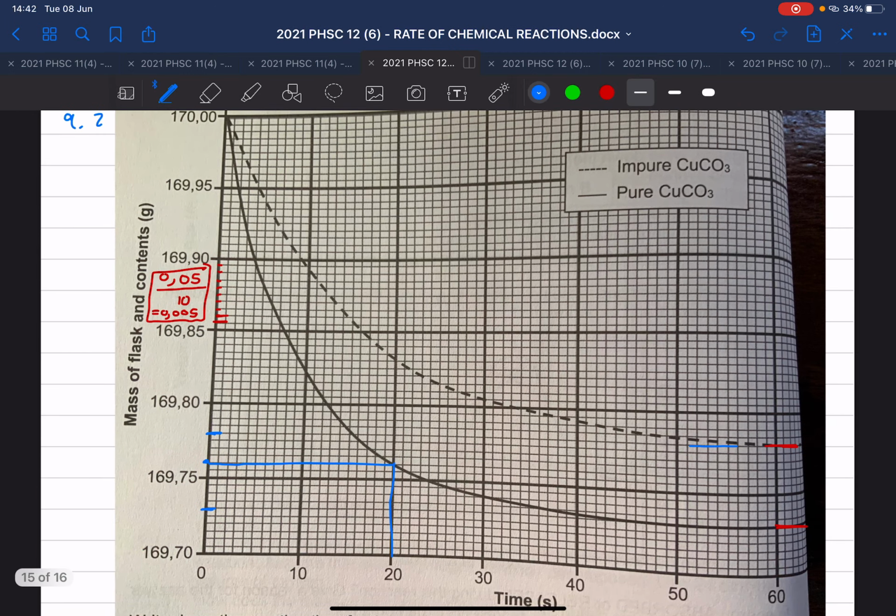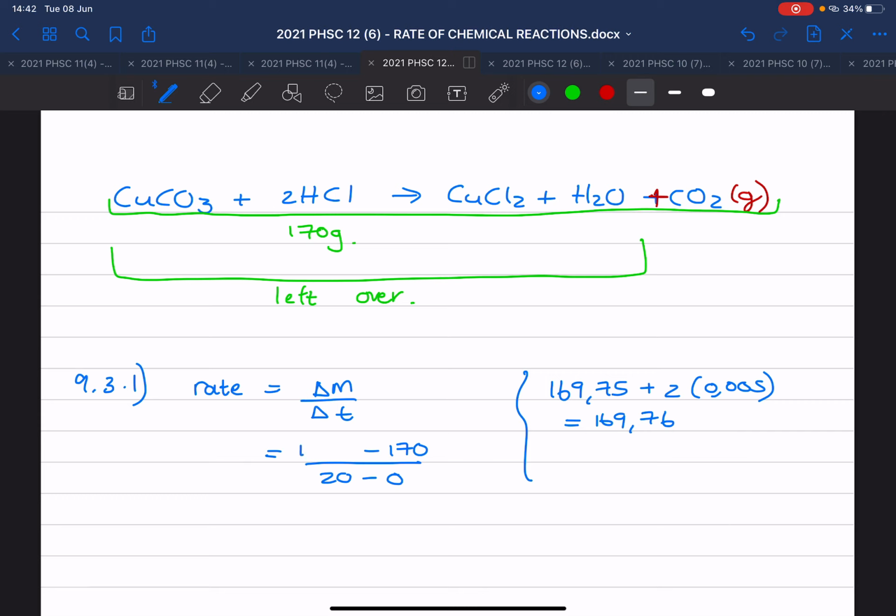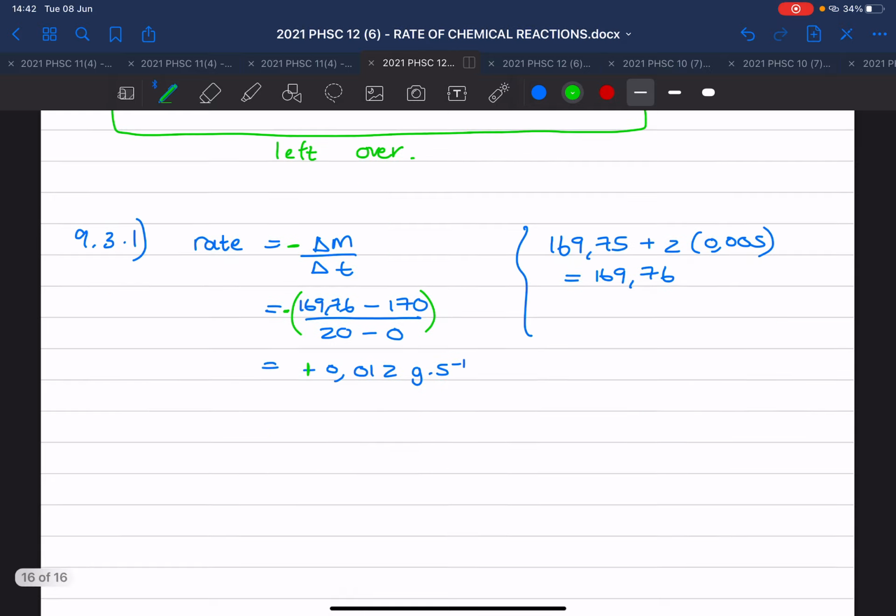Okay, so that is the value there, 169.76. So that is the mass that we have left over after 20 seconds. And if you do your calculation there, you get an answer of minus 0.012 grams per second. You say, right, I don't want a minus, so I must make it a positive. I must make that a negative and that a negative.